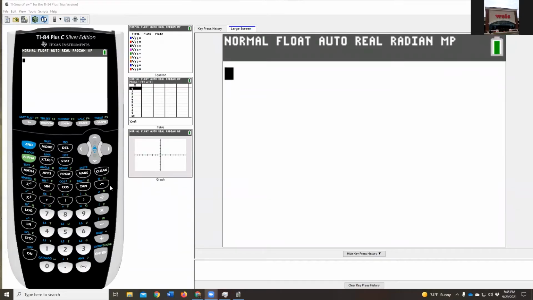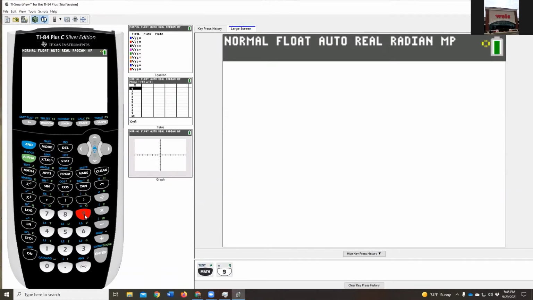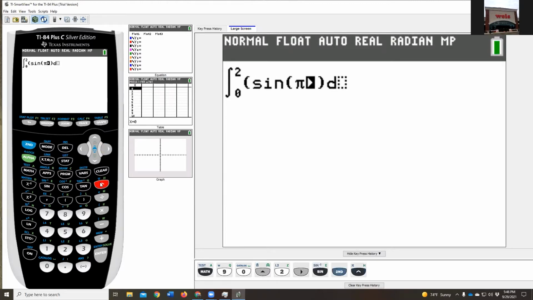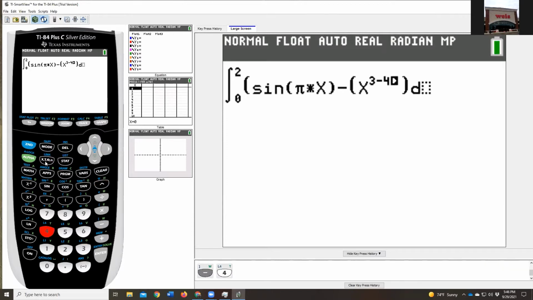So this is under Math 9, I believe. And Math 9 is going to ask for all of the important information. So we're going from 0 to 2. I'm doing the integral of sine of pi times x minus the quantity x to the third minus 4x, and then it's dx.